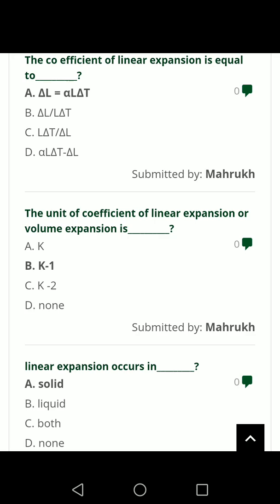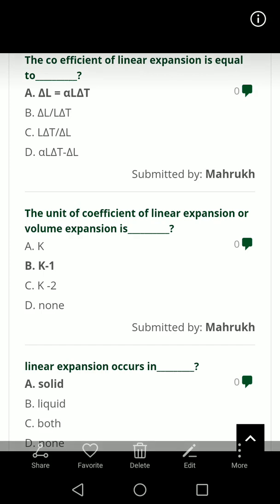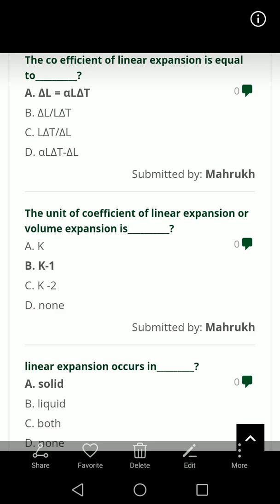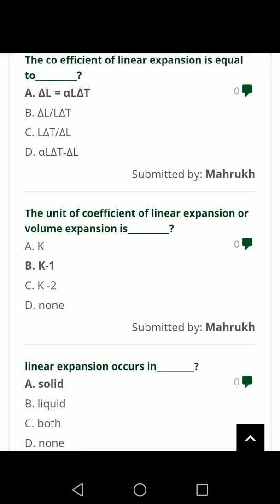The coefficient of linear expansion is given by delta L equals alpha L delta T. The unit of coefficient of linear expansion or volume expansion is K to the power minus 1. Linear expansion occurs in solids.